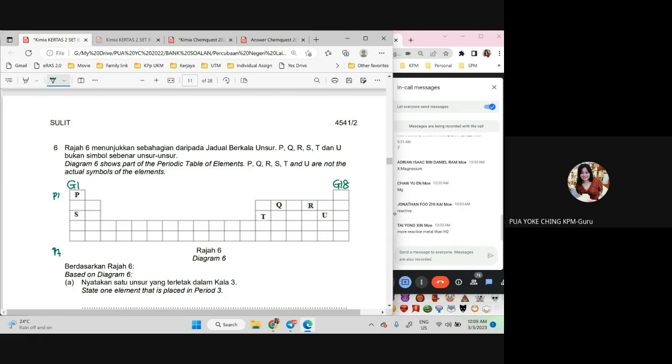So kita ada 18 group. So remember group 1 kita panggil alkali metal. This is all the minor basic concepts. Group 2 kita panggil alkaline earth metal. Group 3 to 12 kita panggil dia transition metal.